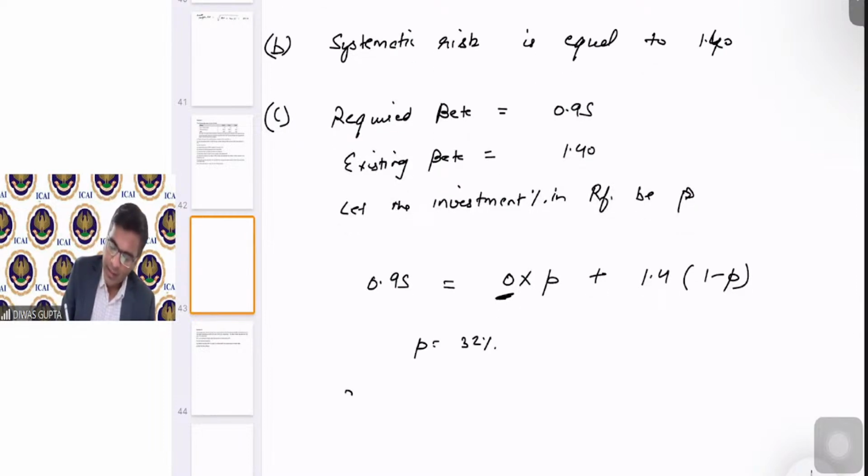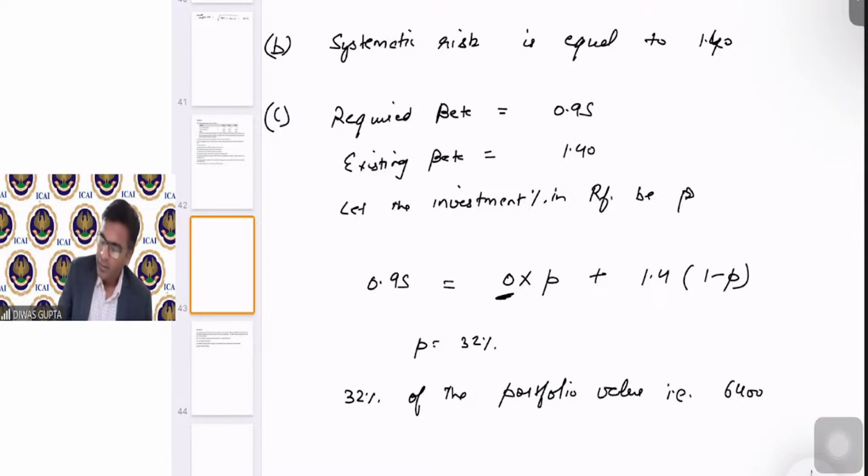So it says that 32% of the portfolio value, that is 6,400 lakhs, correct? This is actually 32% on 20,000.